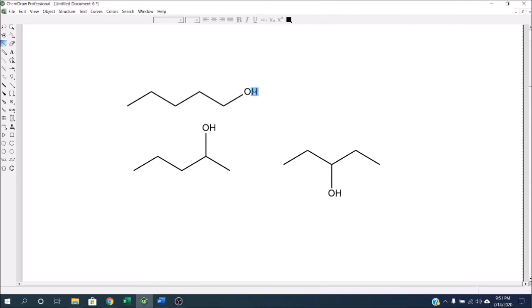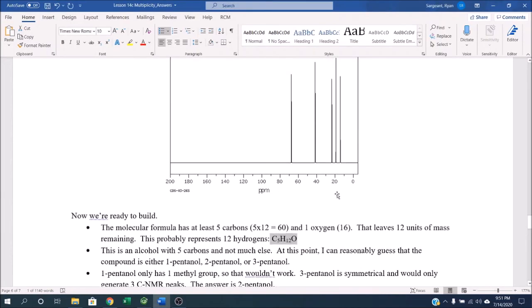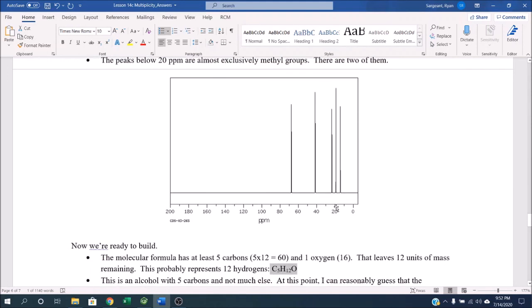If the alcohol is out on the end, that means I have just a single methyl group. This is the only methyl group anywhere in the compound. Methyls are the only thing that should show up below 20 in your C-13 NMR spectrum. And you'll notice that I actually have 2 peaks below 20 in the C-13 NMR. That's a big deal.